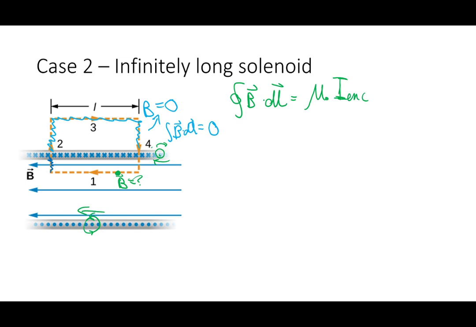Then you have these two chunks where your magnetic field is not going to be 0, but you do know that it's going to be perpendicular to your dl. dl in this case goes that way. If they're perpendicular, your dot product, of course, gives you 0. So again, those sections are going to give you 0 yet again. Then last but not least, you have this chunk in here where your dl goes in the same direction as your B.